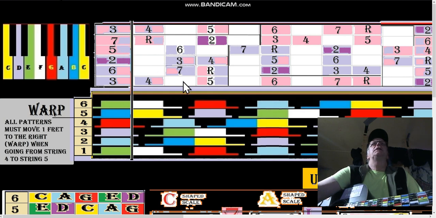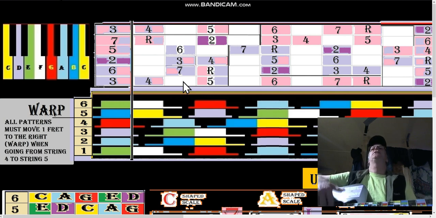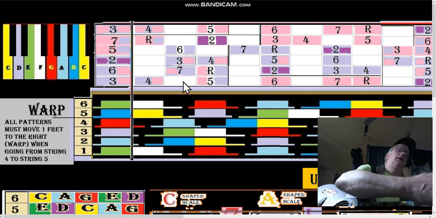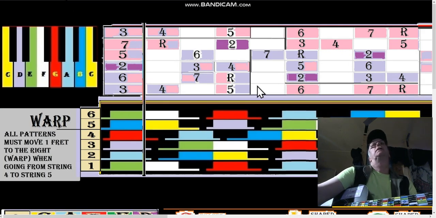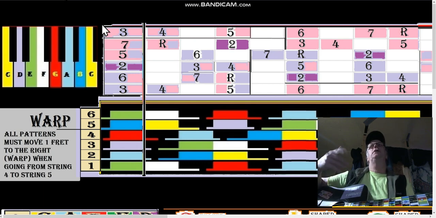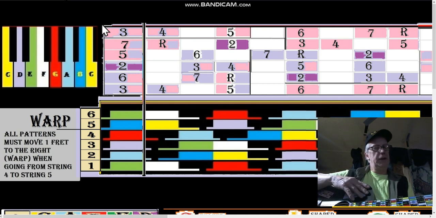Now the interesting thing, the difference between, let's talk about CAGED on this first box here. Now we can get out of the key of C, because when you do CAGED going up the neck, it stays in one key.